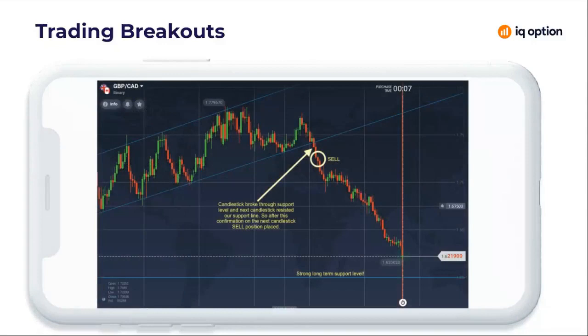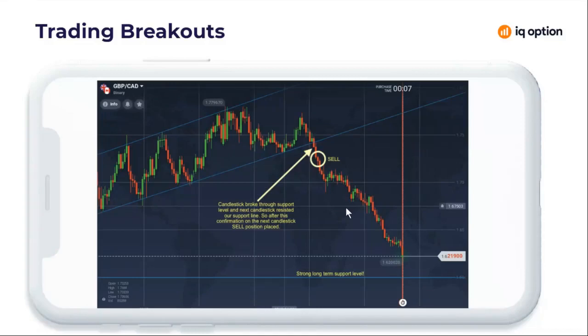Now, we've dealt with and placed our graphical tools on this level. You can see a clear resistance line and clear support lines. It's following a specific channel, but at some point it broke through the support level. And the next candlestick resisted the support line.